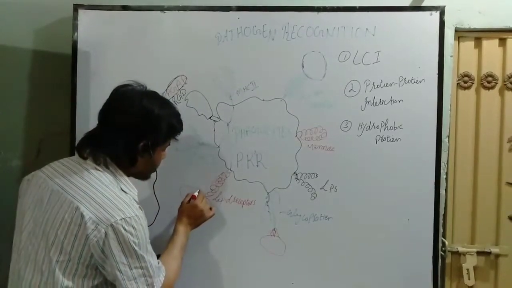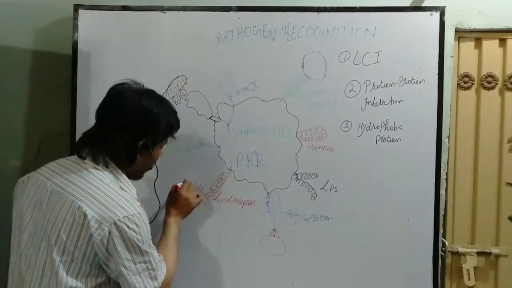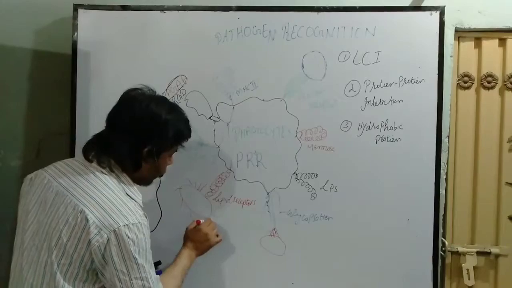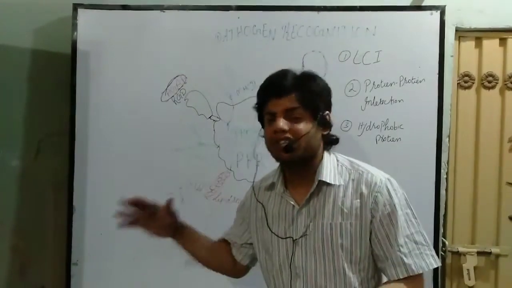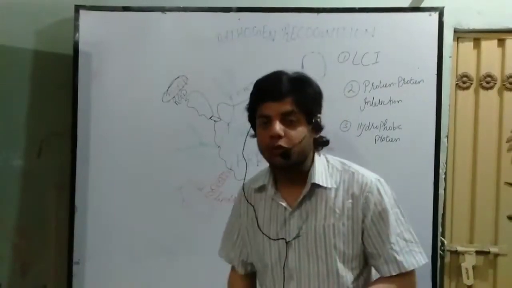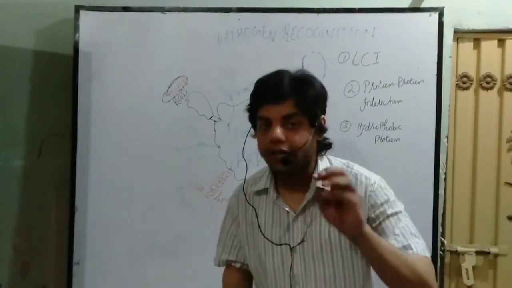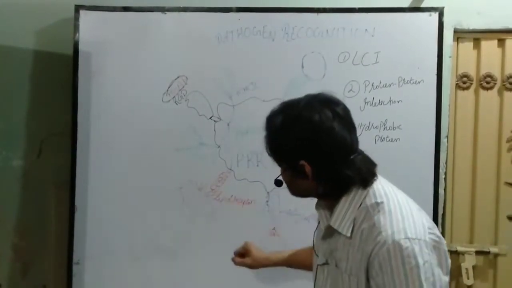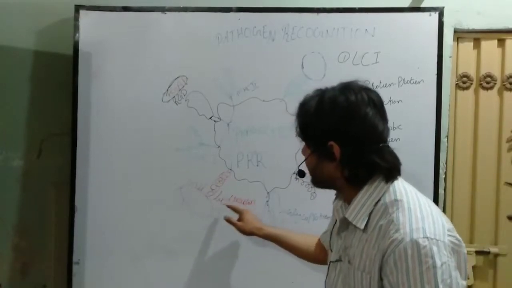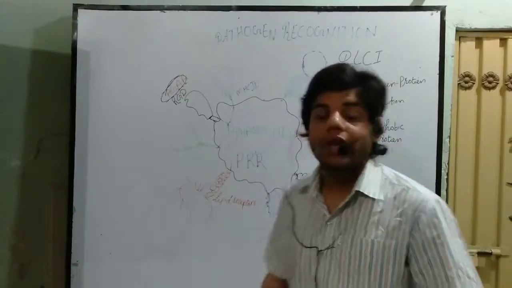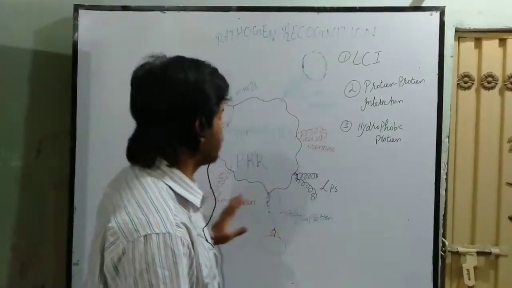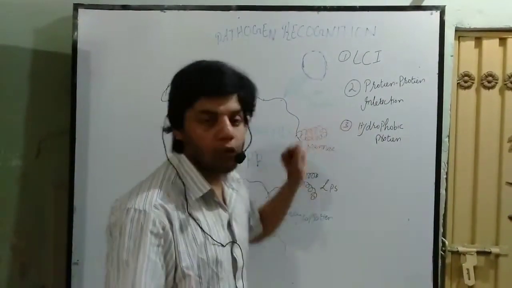At the outer surface, if you remember, I already explained this, on the outer surface of the bacterial cell there are large fatty acid chains, which we usually call lipoteichoic acid. This lipoteichoic acid is usually detected by these lipid receptors. They detect these kinds of molecules, and we call this interaction hydrophobic interaction.